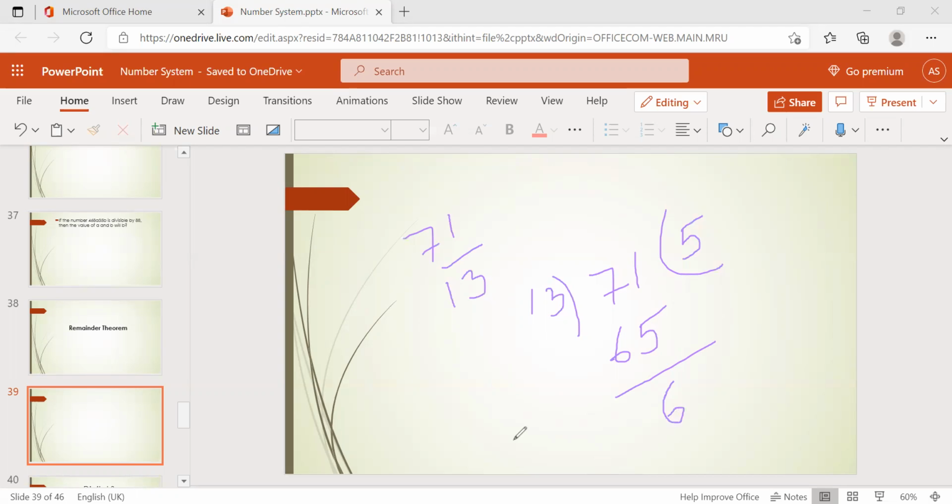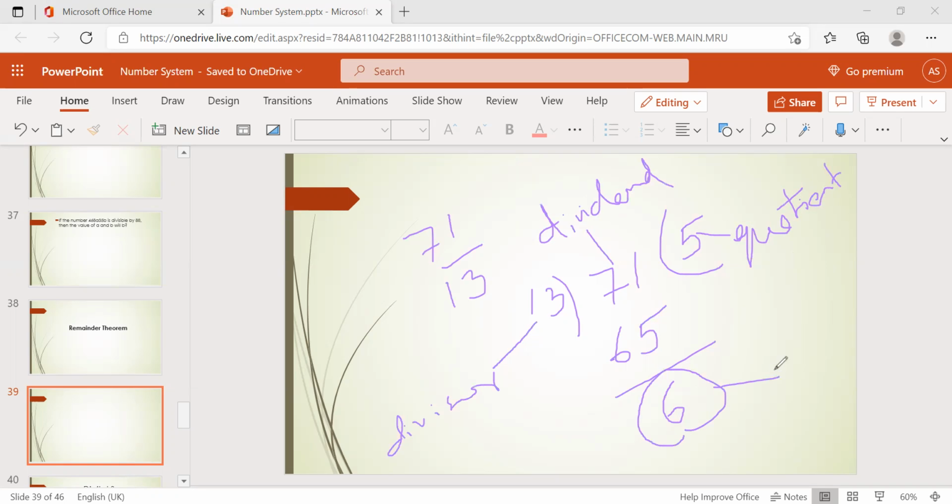Here I think everyone knows this is the divisor, and this is the dividend, and this is the quotient, and this is the remainder.